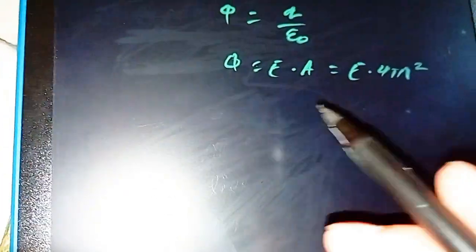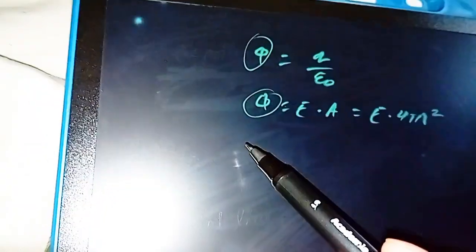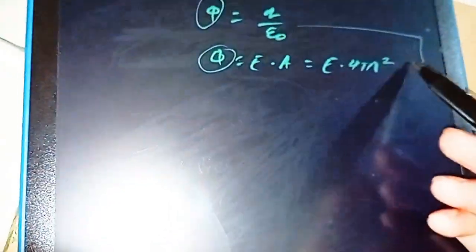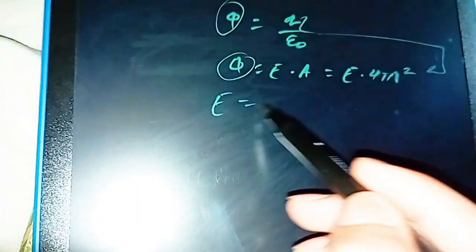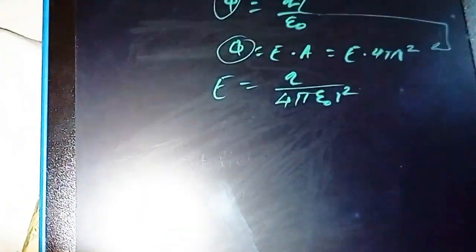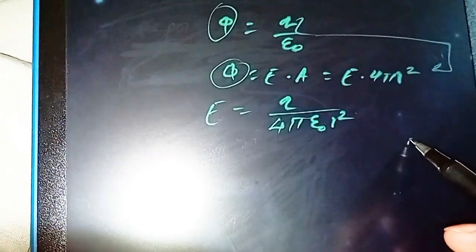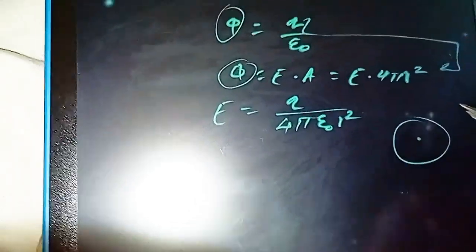We put this phi in here, mixed the two equations and found that E is equal to Q by 4 pi epsilon naught R square.